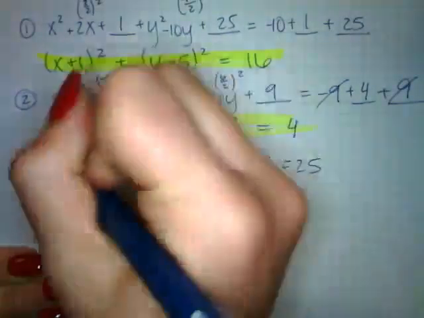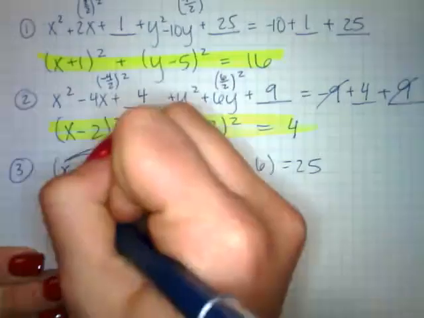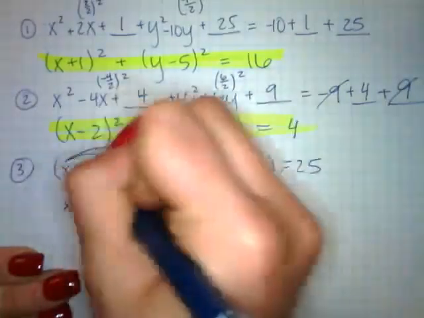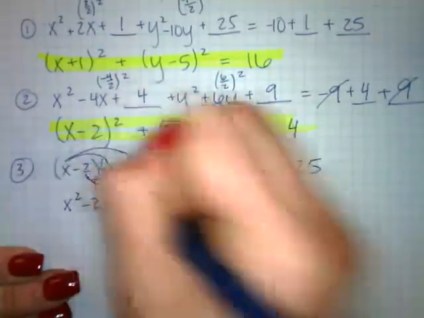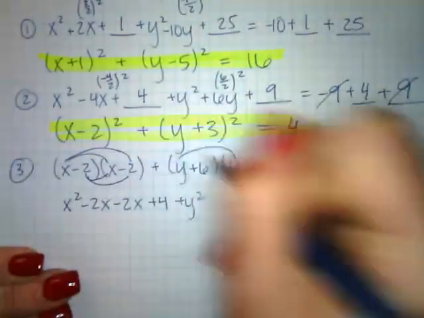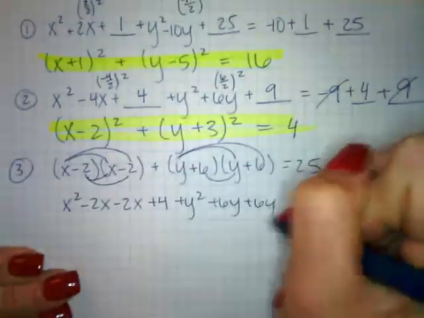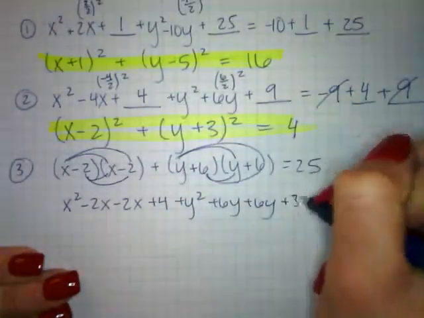Now I'm going to start my FOIL process. X squared minus 2x minus 2x plus 4. Y squared plus 6y plus 6y.